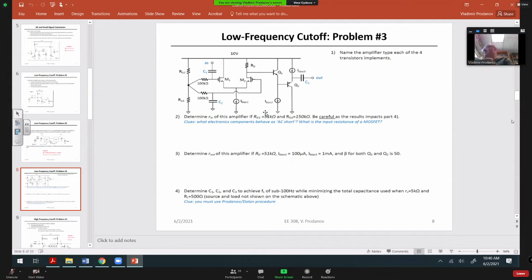Maybe I should draw it. Hold on. Perhaps you understand this circuit better.